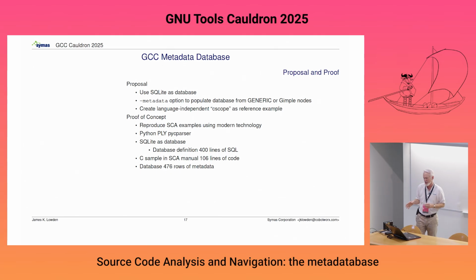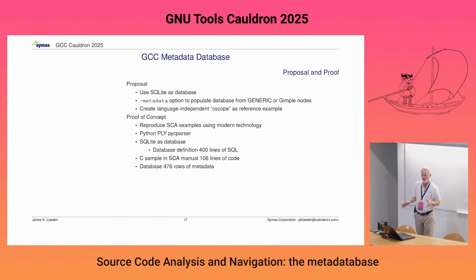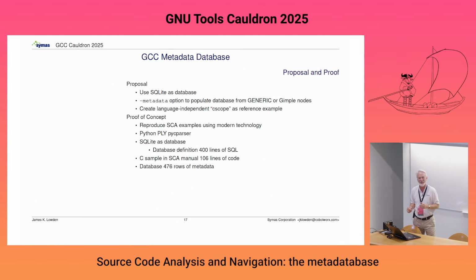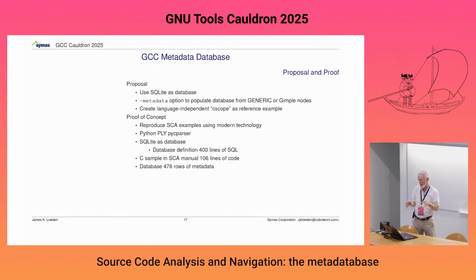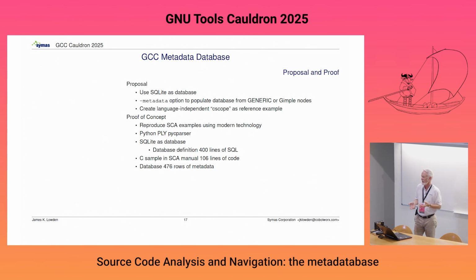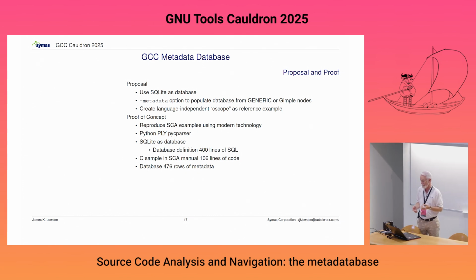It has been pointed out to me that not all the information I want is in the GIMPLE nodes. Fair enough. Maybe we need better ones. Maybe we have to make some modifications to amplify what we have. I think from that, a simple idea would be to produce cscope using these technologies just as a way to demonstrate what can be done. I don't even think that's a big problem.